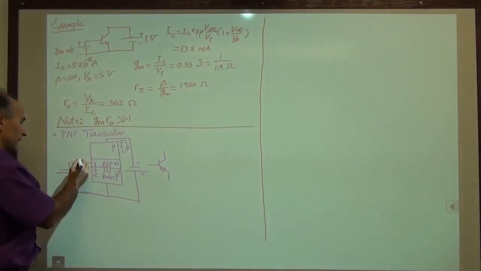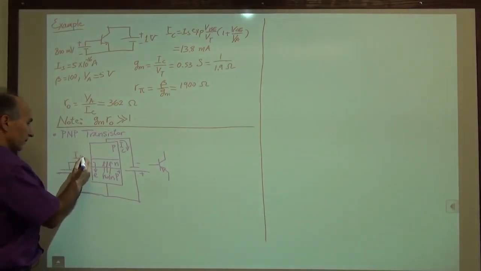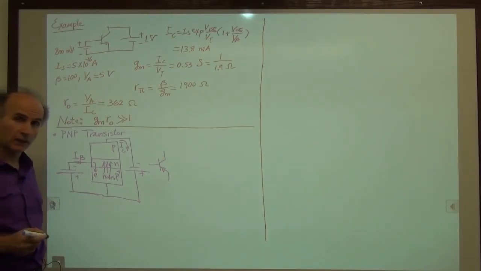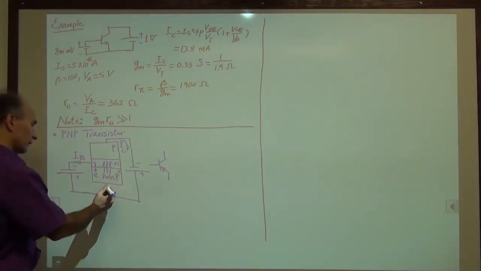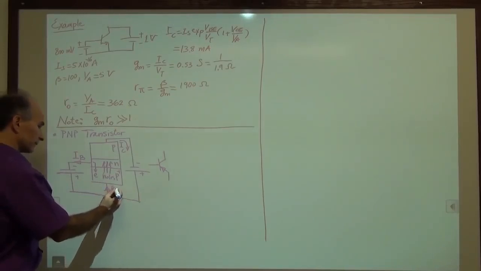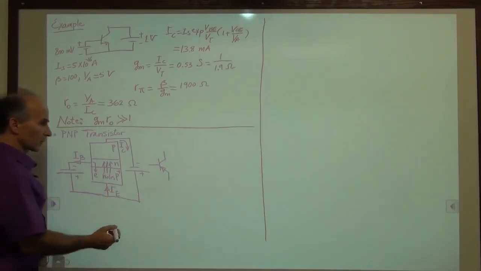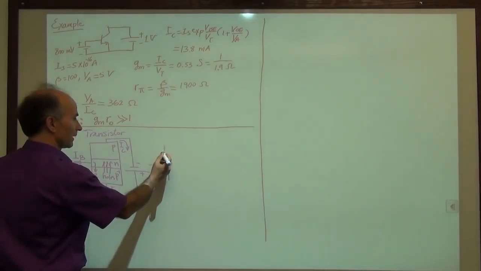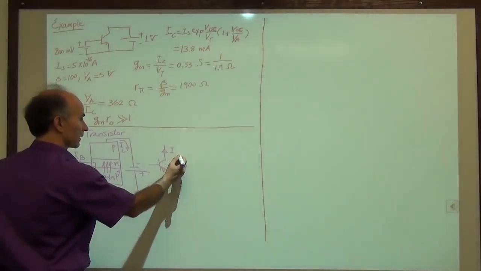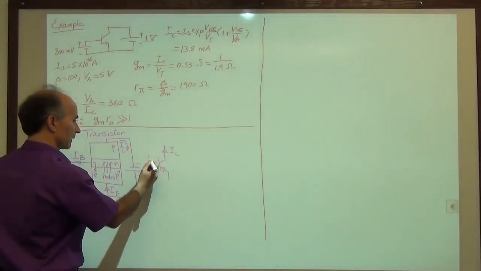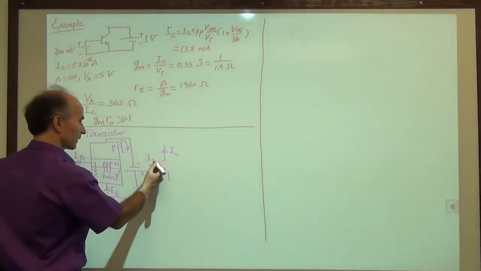So the base current is coming out of the base. Again, different from the NPN device. And finally, the emitter current is also this way. So if I draw them here, the collector current is going this way, the base current is going this way, and the emitter current is going this way.